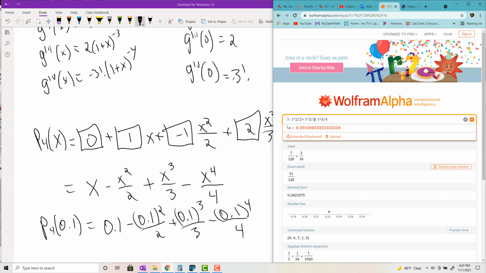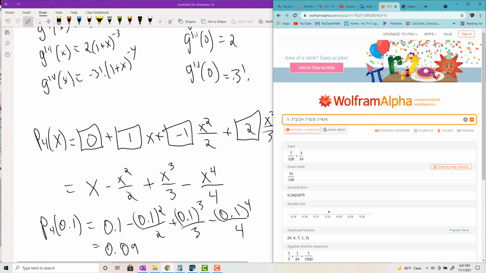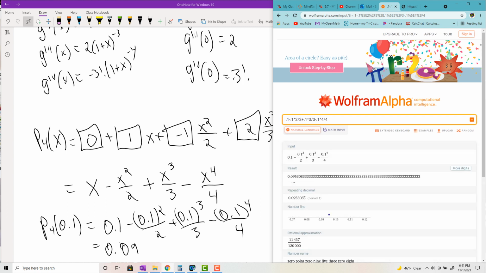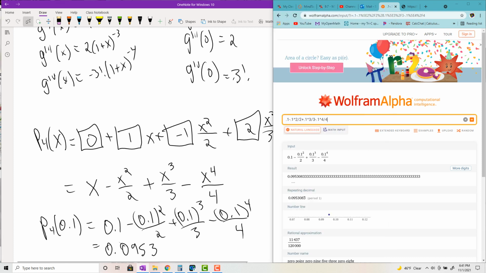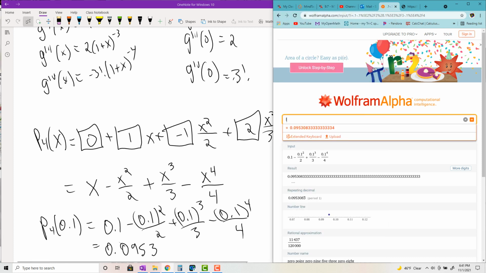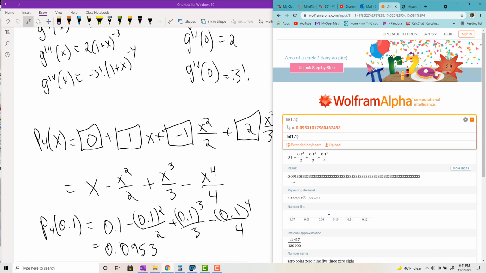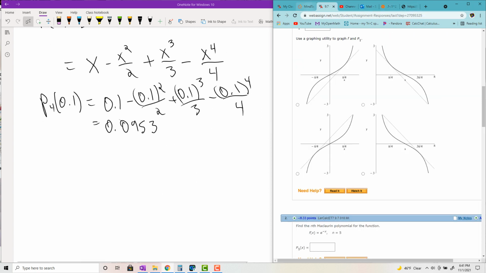Okay, so 0.0, it looked like 9 something. 0.0953. And then we can see what it actually is supposed to be. ln of 1.1, 0.0953. I mean, unbelievable. It's kind of awesome, isn't it? So yeah, you can do that stuff now.